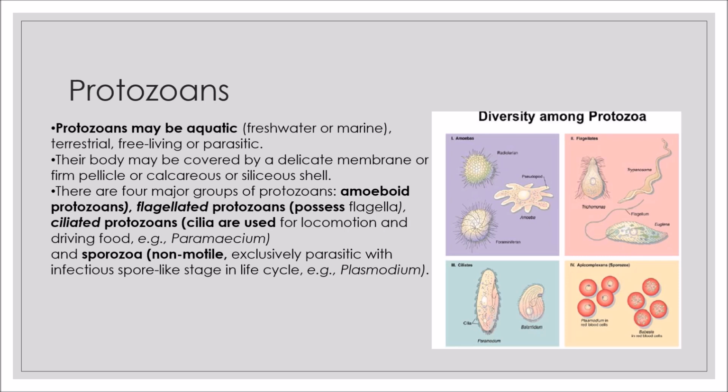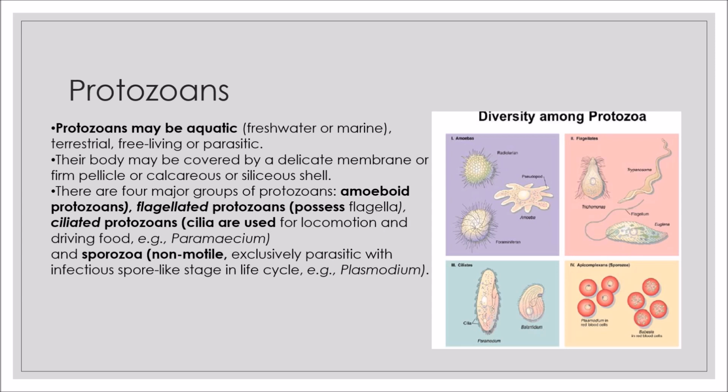In that, radiolarian, amoeba and foraminiferan are the three examples for amoeboid protozoans. In the picture you can see the different images. Even though they are put under one group, the shape of the protozoans changes. Next is flagellated, that is, they have flagella. Flagellated protozoans, so Trichomonas, Euglena, Trypanosoma. These are some of the examples of flagellated protozoans.